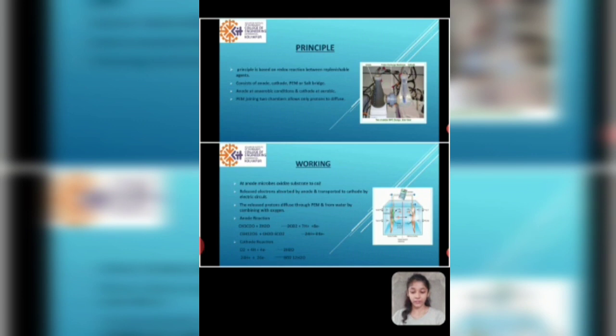The protons diffuse through the salt bridge or PEM as H+ ions and combine with oxygen in the redox reaction to form H2O at the cathode chamber. This is the working of the microbial fuel cell.